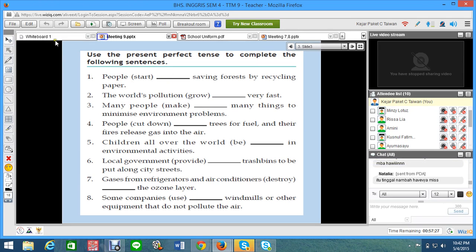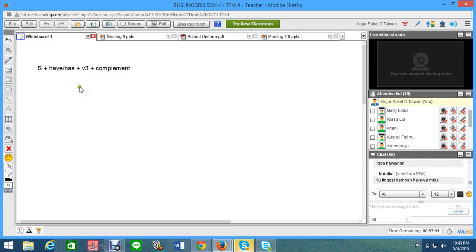Okay, I give you the example number 1. People. Okay, in bracket. So in bracket is the verb. Jadi yang dalam kurung ini adalah kata kerjanya. Tapi ini masih bentuk pertama. So you have to change this into verb 3, and then you have to put have or has before the verb 3. Okay, so I will give the example.